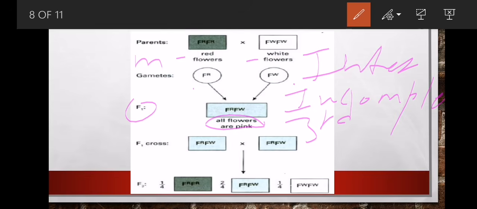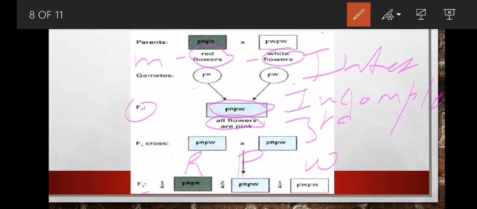Then we move on to the first generation. We now cross and get the second generation. CR represents what? Red. CW represents what? Pink. CW represents what? White. So this is my red, this is pink, this is white.